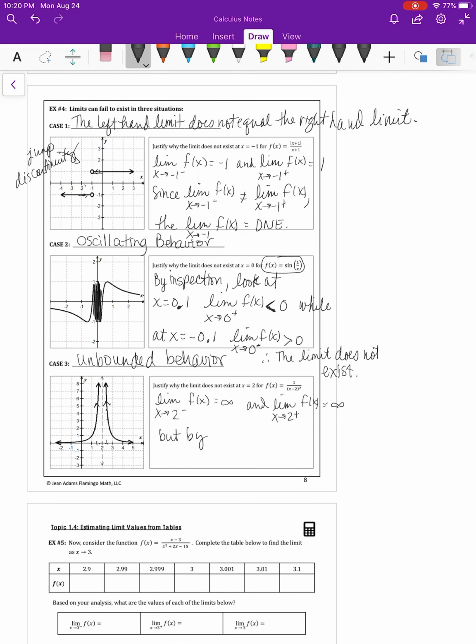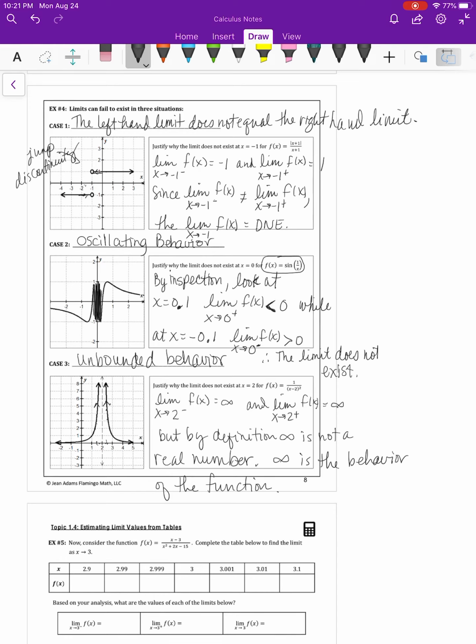But by definition, infinity is not a real number. Infinity is the behavior of the function.